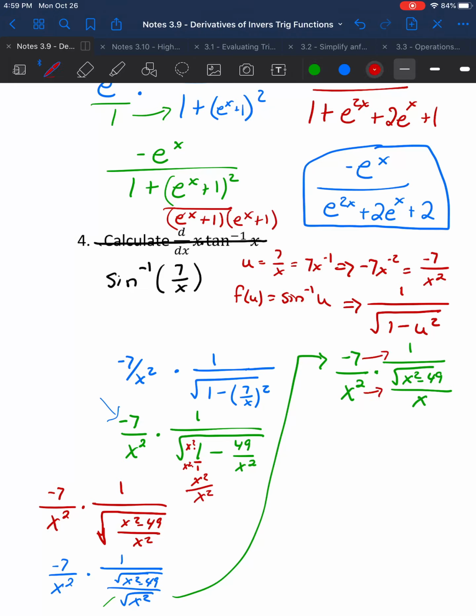If I multiply straight across, I now have -7, and yes, you could have done this at the very beginning. Oops, that should be x squared minus 49. No, 49 minus x squared.